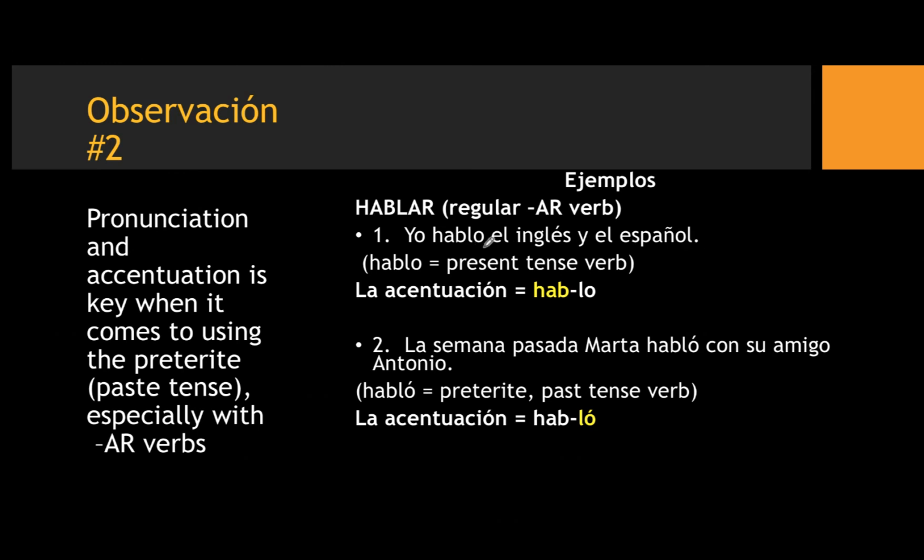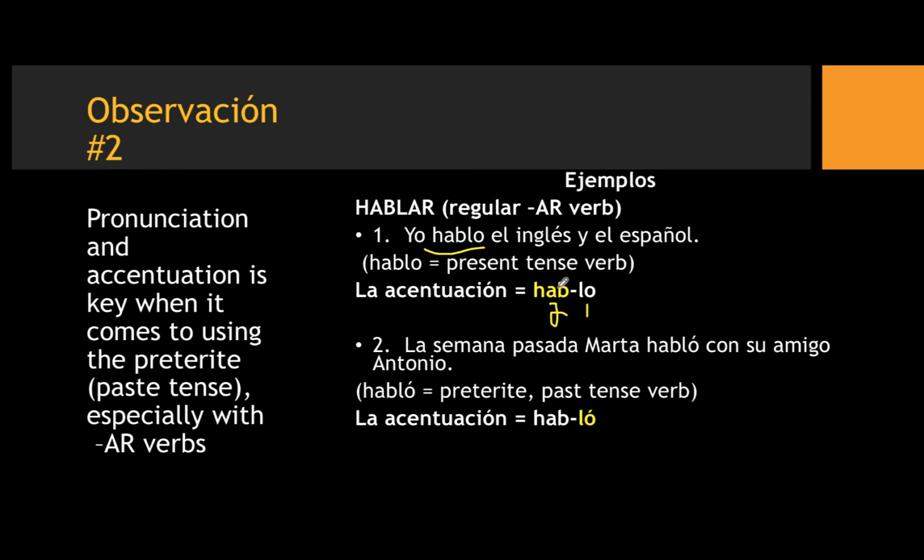So I'm looking at this, or I hear this, and I don't know. Is this present tense or what? Okay, yo hablo. Okay, hablo equals present tense verb. And how you pronounce it, how you accentuate it with the stress, right? It's hablo. So the first syllable, second syllable, work backwards, counting syllables.